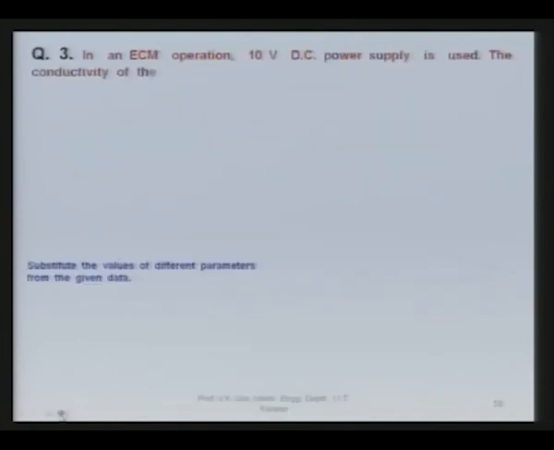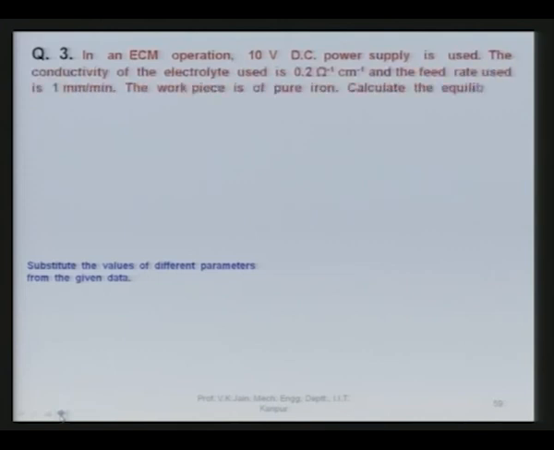Let us take the third problem. In an electrochemical machining operation, a 10 volt direct current power supply is used. The conductivity of the electrolyte used is 0.2 per ohm per centimeter and the feed rate used is 1 millimeter per minute. The workpiece is of pure iron.